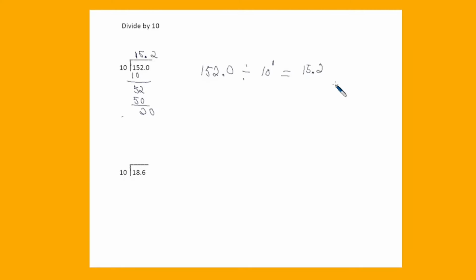The result of dividing by 10 changes my decimal point one place to the left.